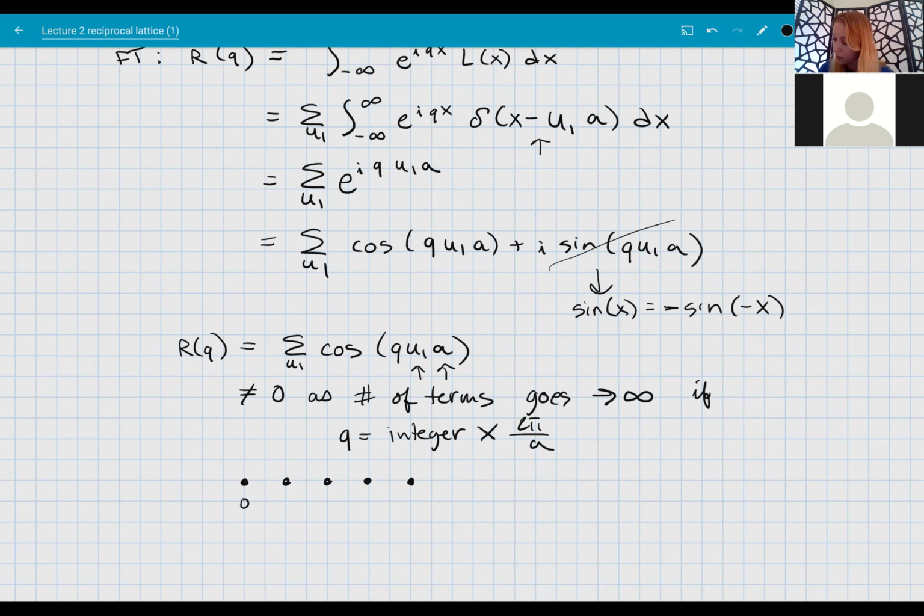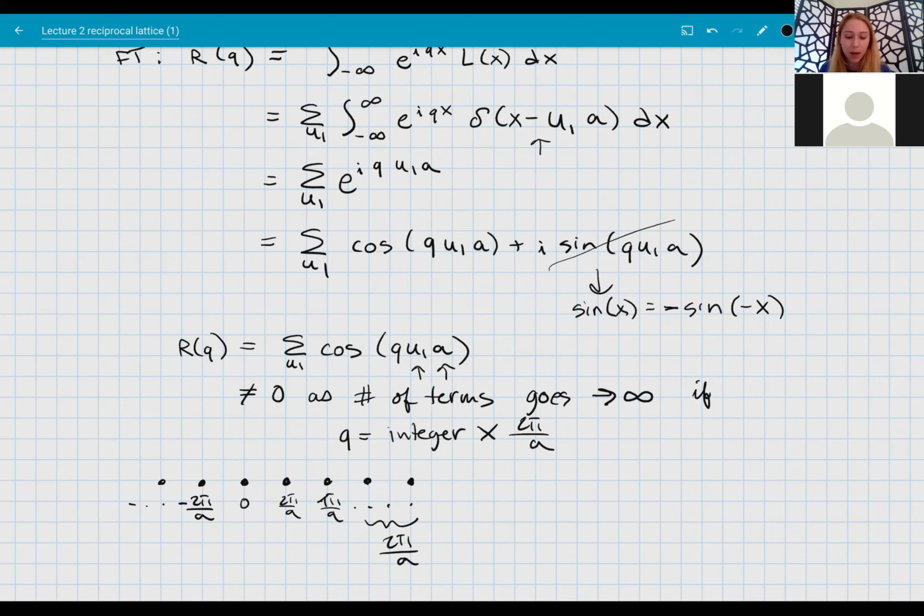You have 0, it goes in both directions. You have 2 pi over a, 4 pi over a, etc. Then in the other direction, minus 2 pi over a, etc. And this is precisely the reciprocal lattice. It has the spacing of the points equal to 2 pi divided by the lattice constant of the direct lattice.